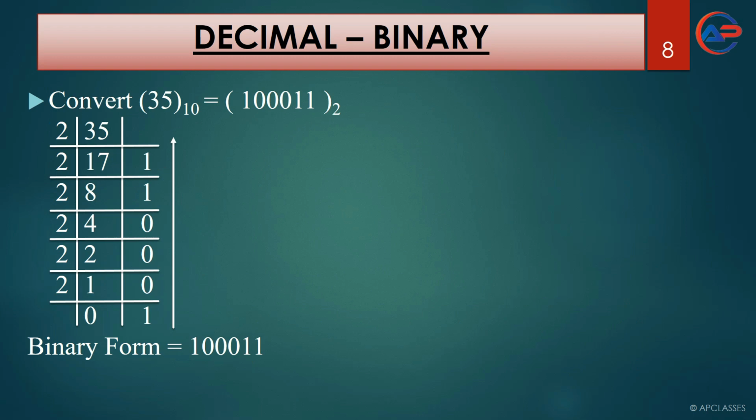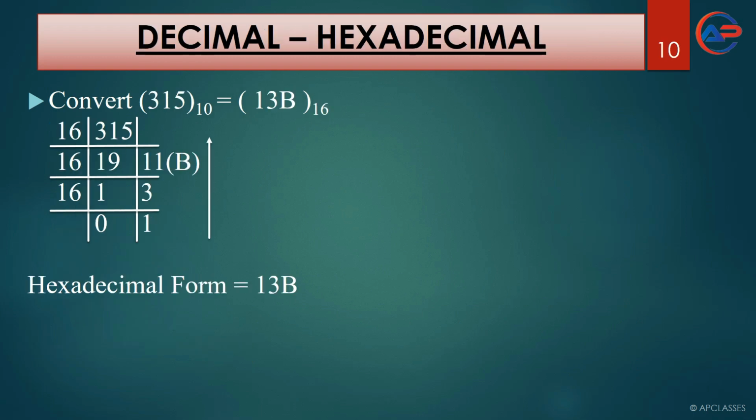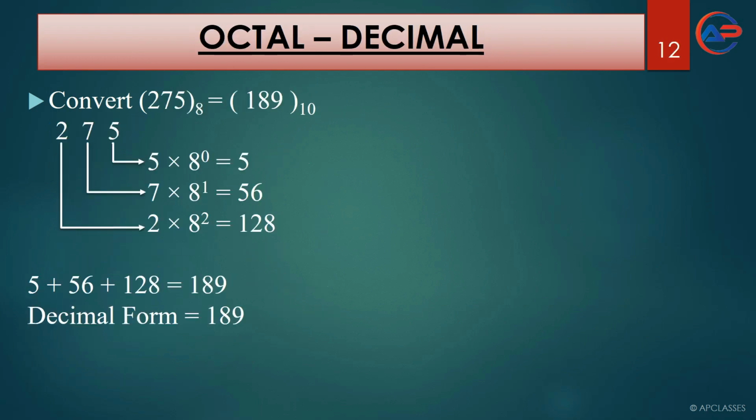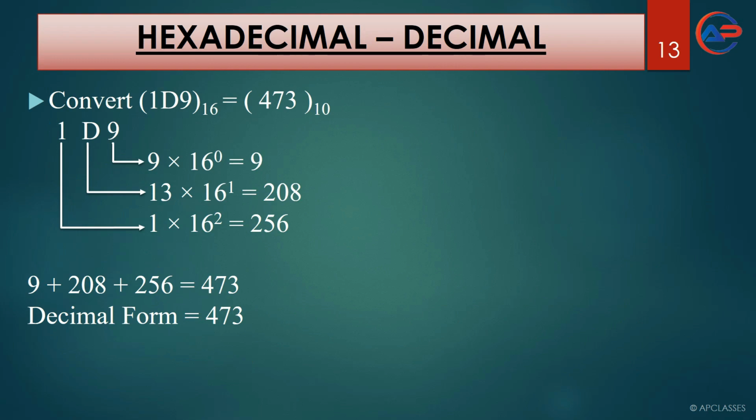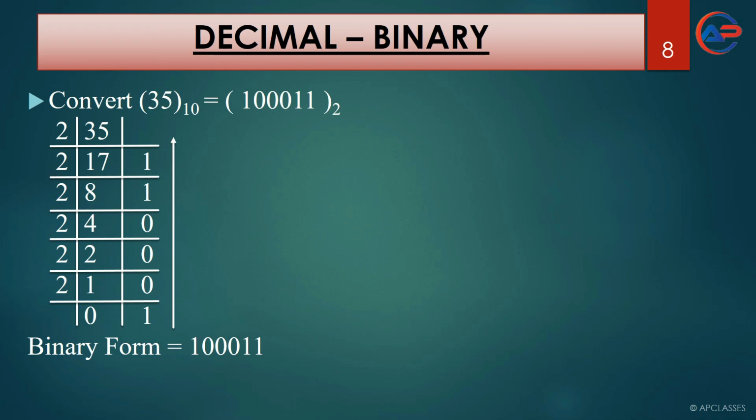First we are going to start with decimal to binary, then decimal to octal, then decimal to hexadecimal, after that binary to decimal, octal to decimal, and finally hexadecimal to decimal.